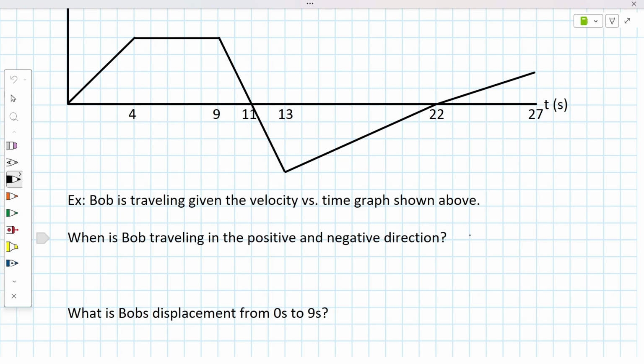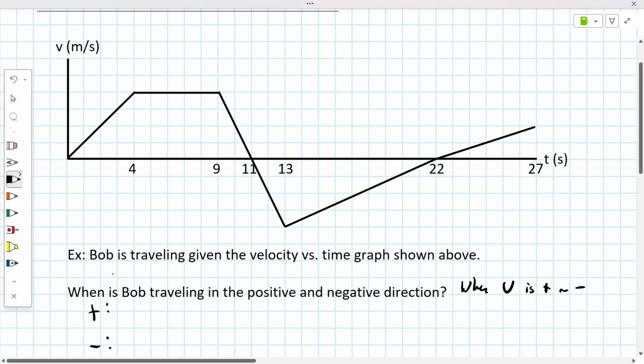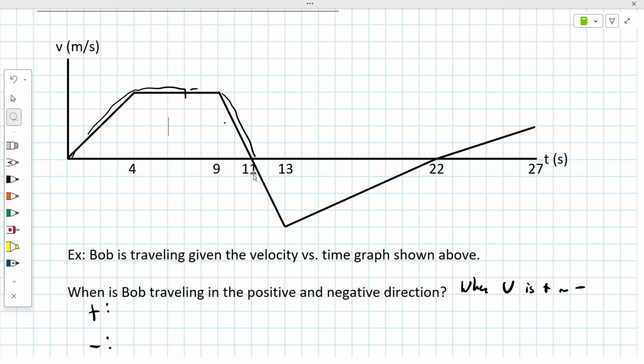So this is when velocity is positive or negative. Alright, so I'll just denote positive here and we can write these in. So that means during this whole first segment, this is all the positive area. It's all positive here, right?